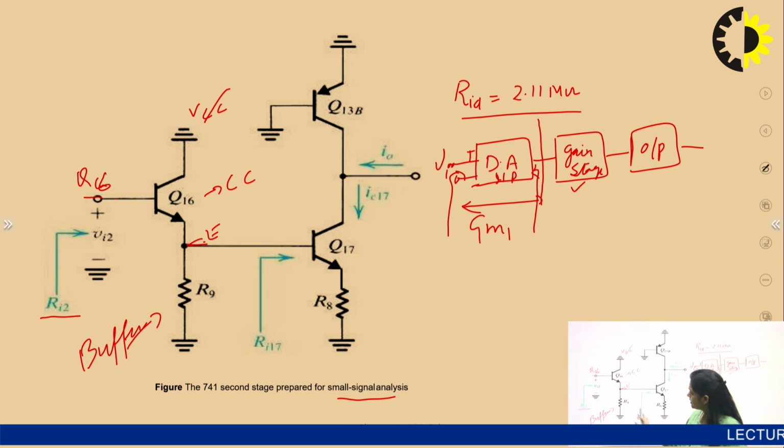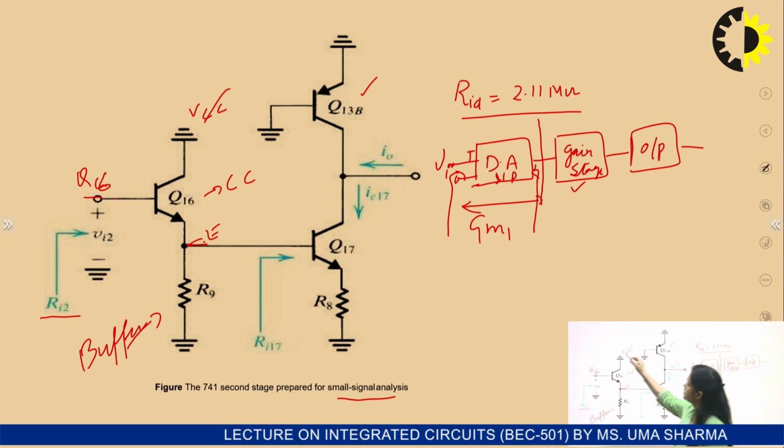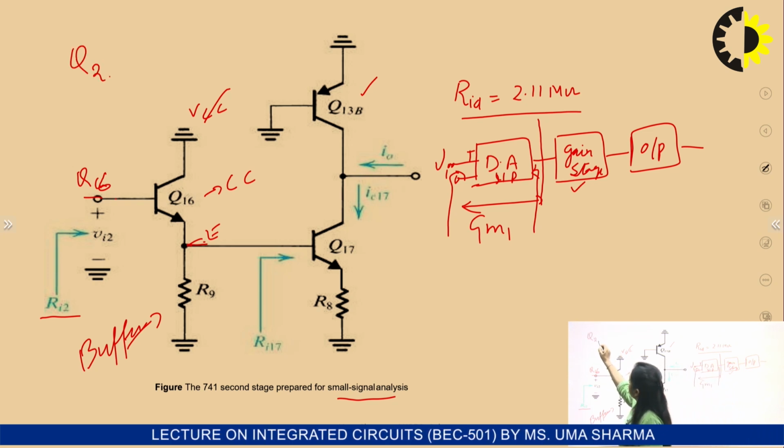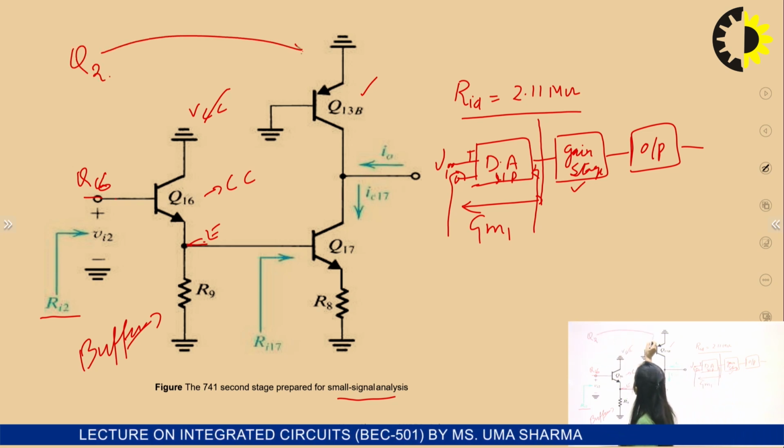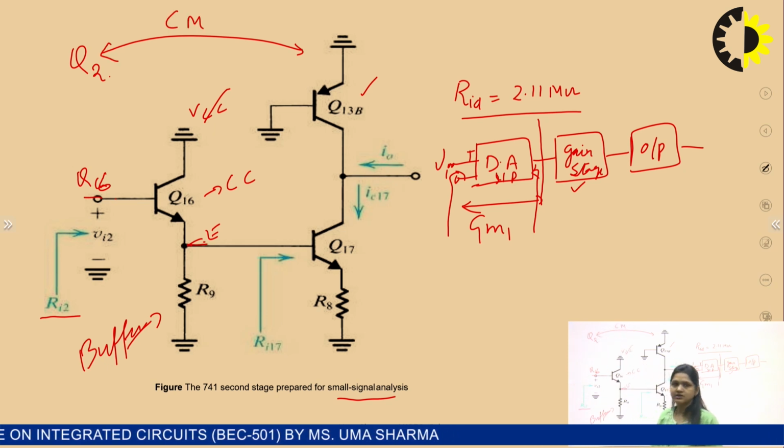One by one we will calculate for each transistor to calculate this Ri2. Here you can see this transistor Q13B. If you remember, this Q13B is connected with the Q12 transistor, forming a current mirror with Q12, and Q12 and Q13 are making a current mirror circuit.